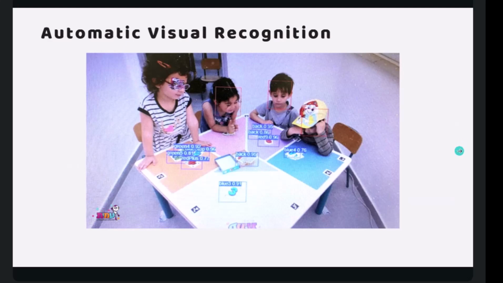Okay, so technologically, at the time, this was before LLMs, when we started working on Amit. So the automatic visual recognition was not an easy challenge, especially if you know how kindergarten classes work and how frantically kids move around.